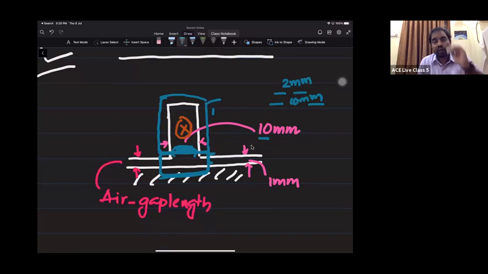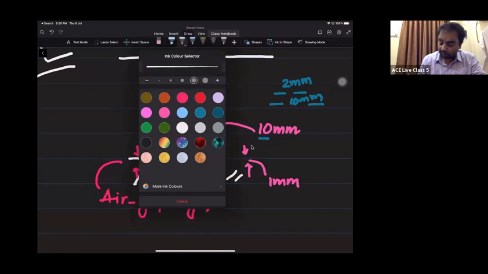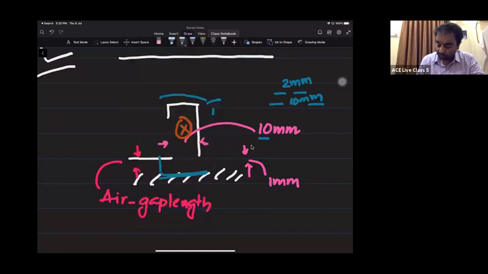The 2 mm path will be offering low reluctance. So that is the reason the flux lines will first try to take the 2 mm path. Which path is it? The air gap. That means it has to cross the air gap and move. Just let me draw.